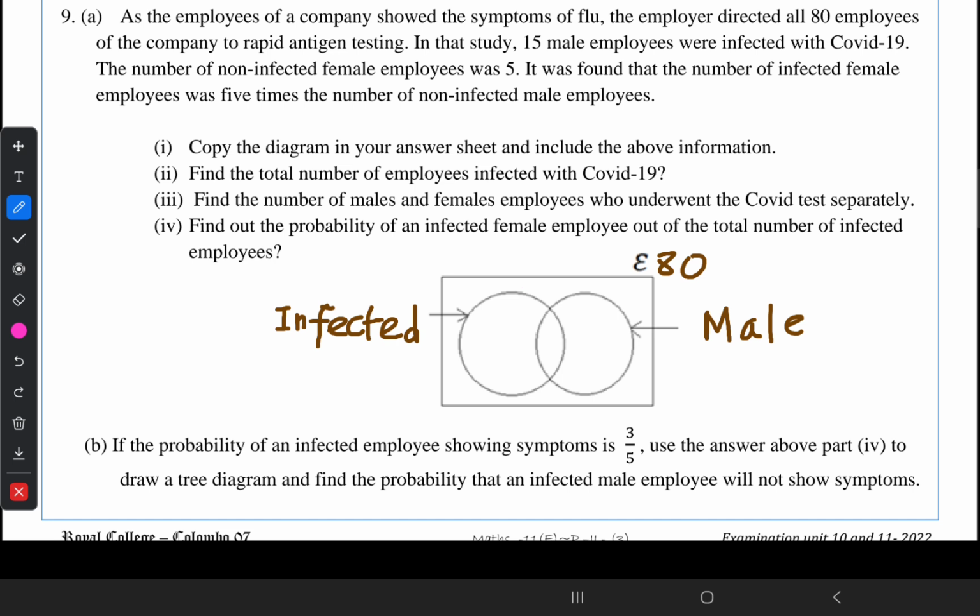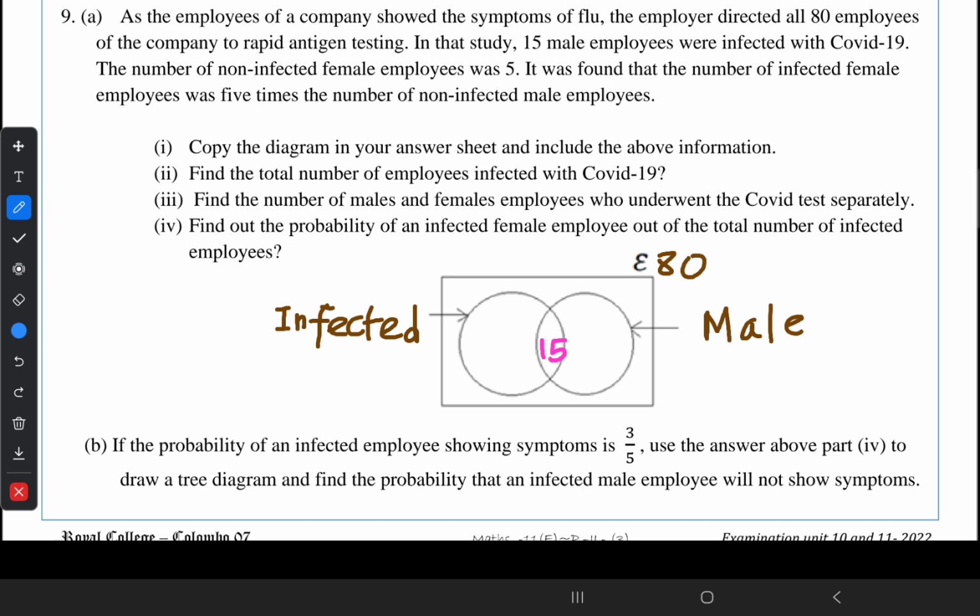Then let's denote the details. In the study, 15 male employees were infected with COVID-19, so both infected and male. This intersection region denotes 15, the infected male count. Second, the number of non-infected female employees was 5.